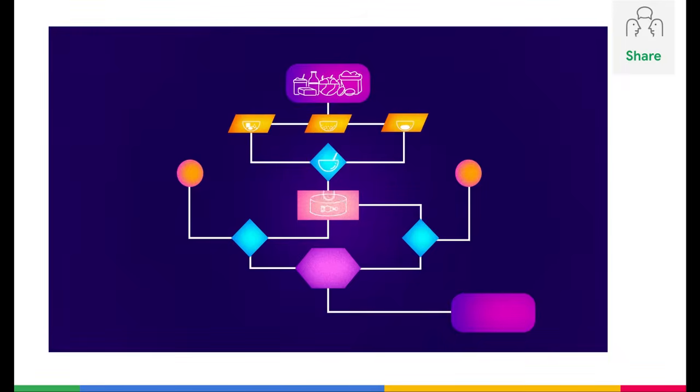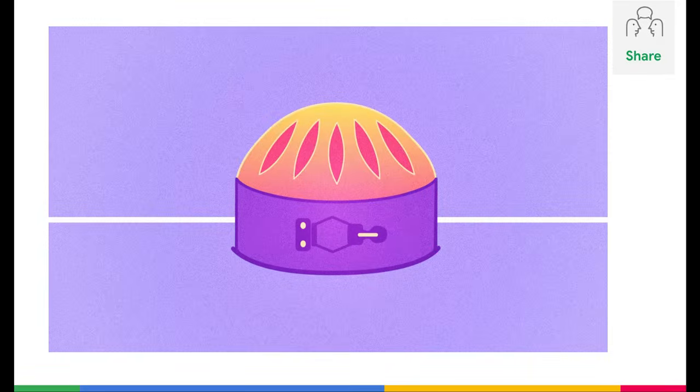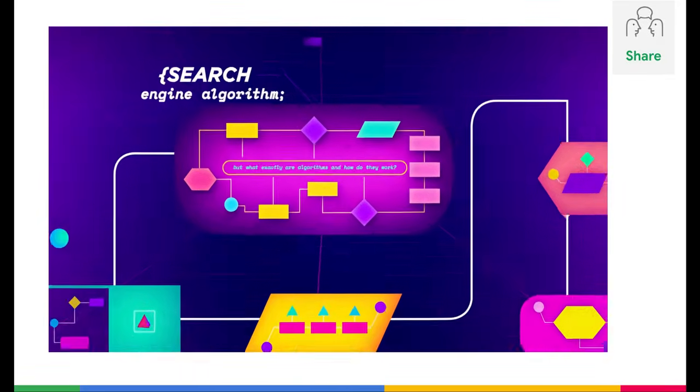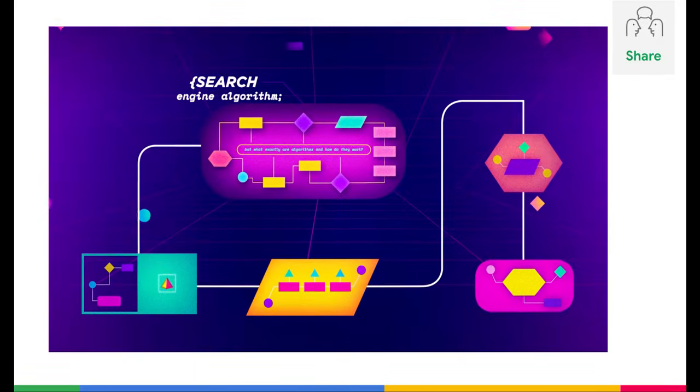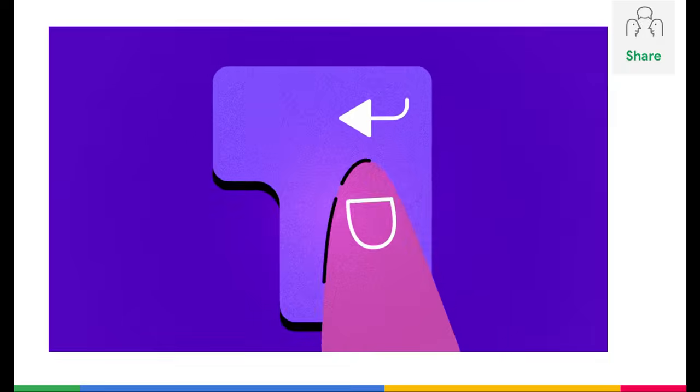Simply input your ingredients, follow a bunch of steps, and the problem is solved. Now you have a cake. The search engine algorithm works just like this, only that it is built using steps that can be algorithms themselves. An algorithm of algorithms, if you like. Now let's hit that enter button.